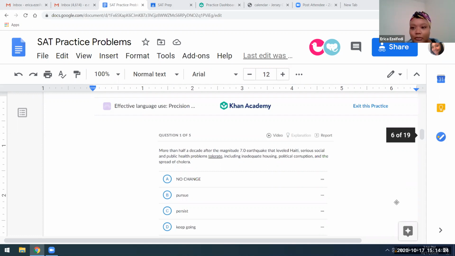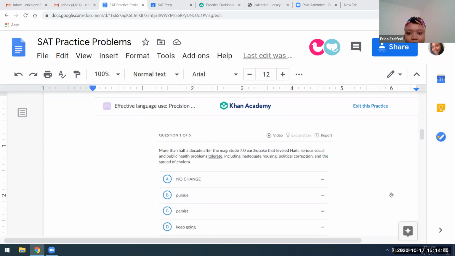Okay. So we're gonna read it again without the underlined word. More than half a decade after the magnitude 7 earthquake that leveled Haiti, serious social and public health problems, blank, including inadequate housing, political corruption, and the spread of cholera.